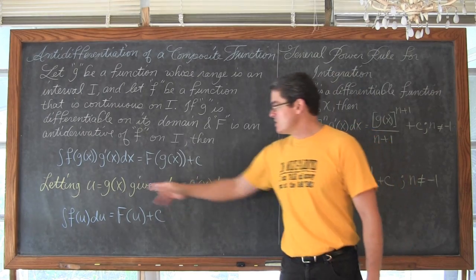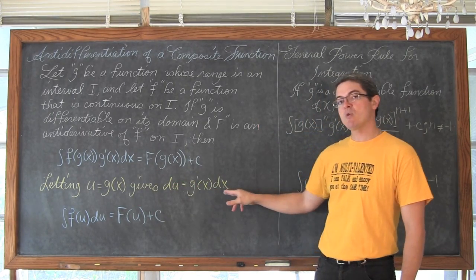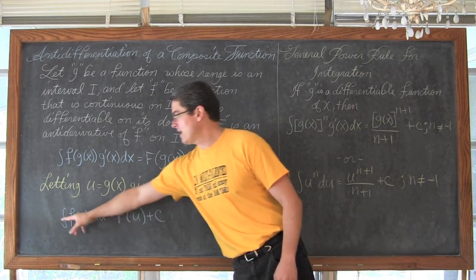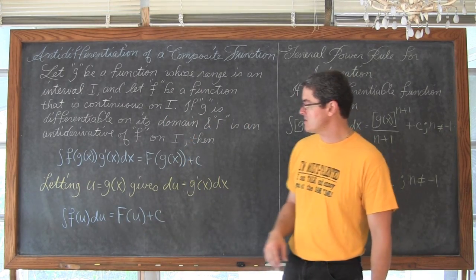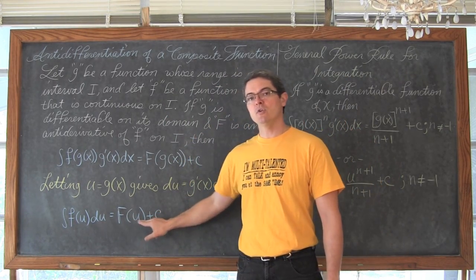Letting u equal g of x gives du, which is g prime of x dx, which then gives the integral of f of u du equal to F of u plus c.